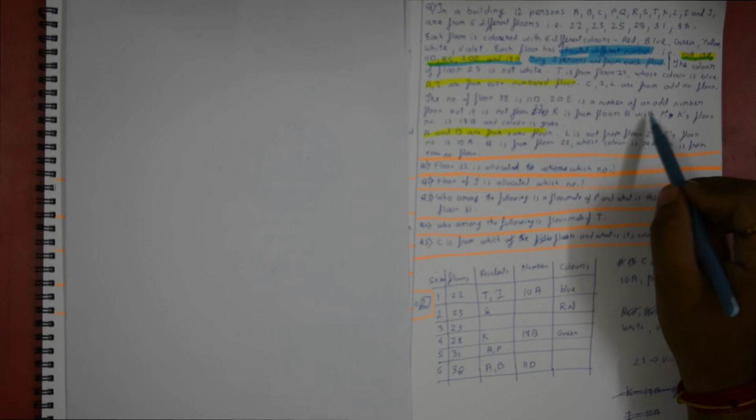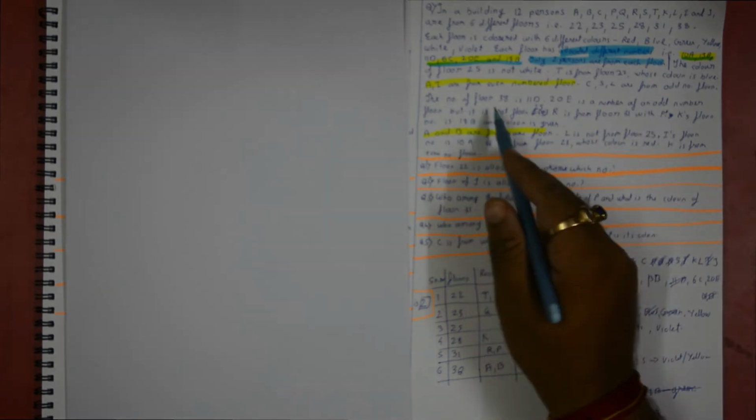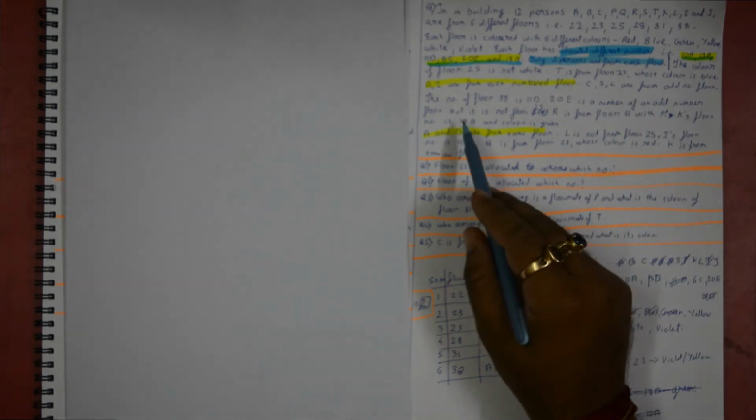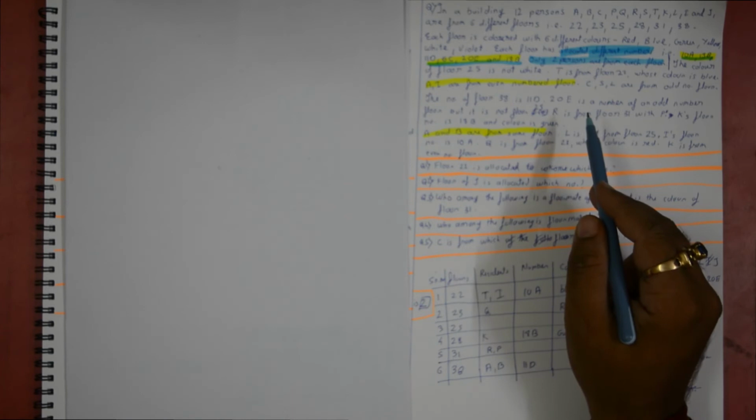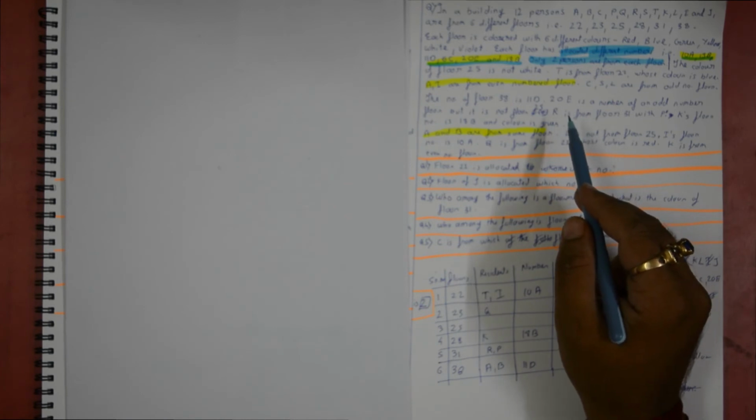Now for K and J we will read ahead. We used that statement. Now 20E is a number of an odd number floor, but it is not floor number 25. The 20E can be for 23 or 31.